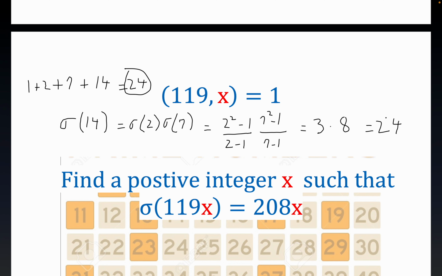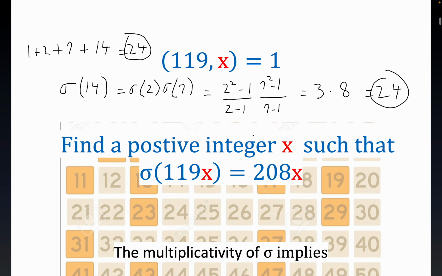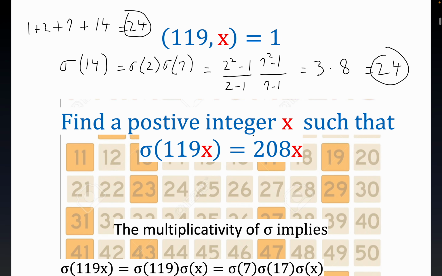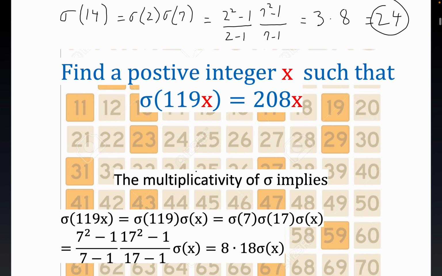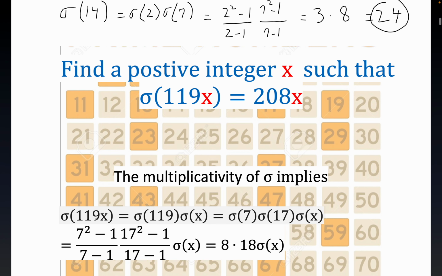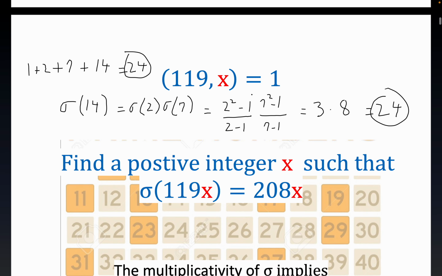Now let's take a look at how we're going to use this result right here to actually solve this problem. Again, the multiplicativity only applies if all of the inputs are coprime or relatively prime. And so we can split this 119x apart, because 119 and x are posited to be coprime.